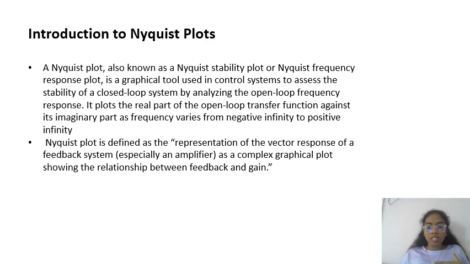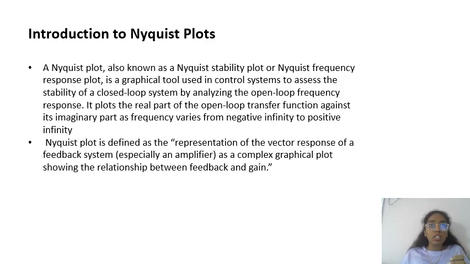So this Nyquist plot is a graphical tool in the subject control systems for closed loop systems. As we know, control systems have two types of systems, open loop system and closed loop system. So this is for assessing the stability of a closed loop system.